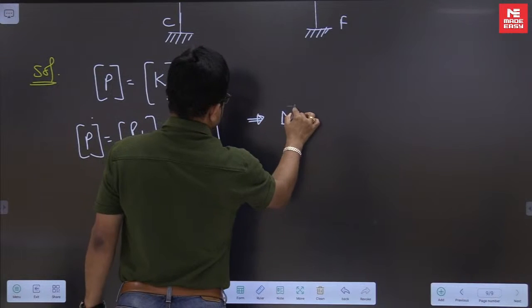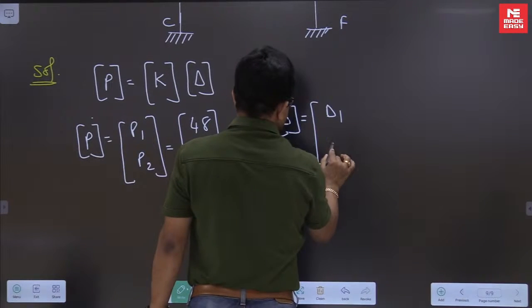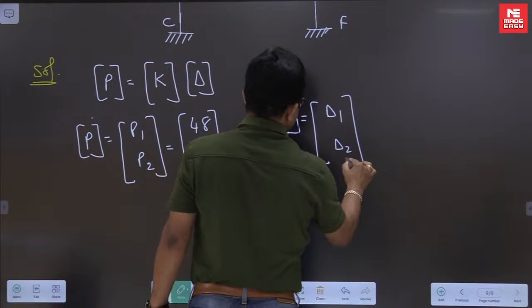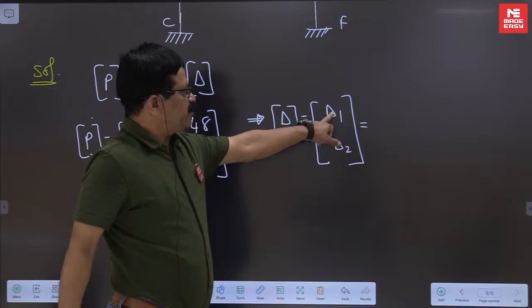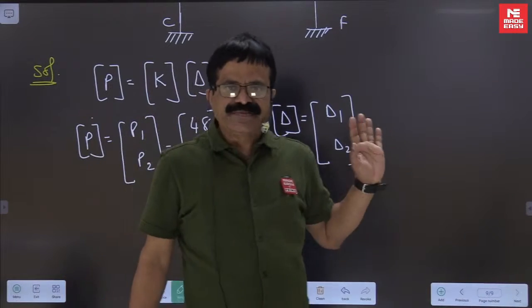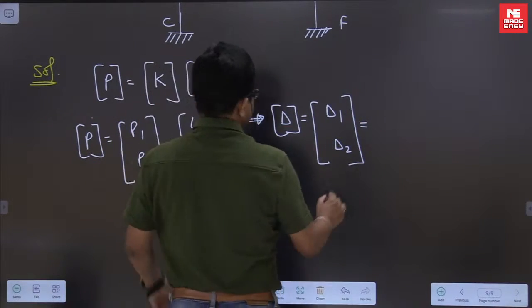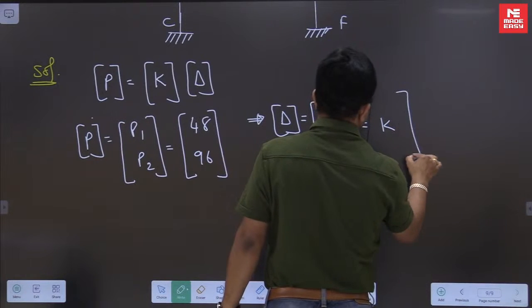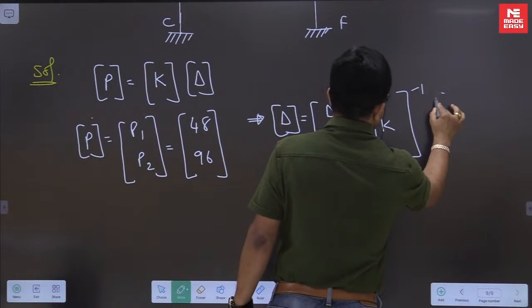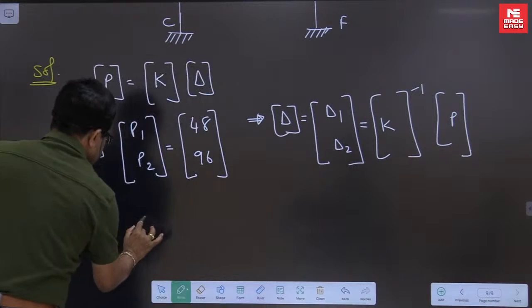So delta means delta 1, delta 2. Displacement at coordinate 1, displacement at coordinate 2. At coordinate 2, displacement you don't have to find, he didn't ask us, only one. So delta equals K inverse P. K inverse P. So that's it.